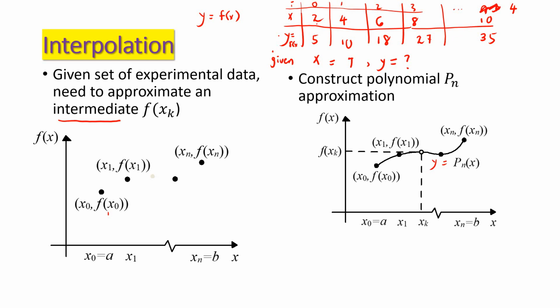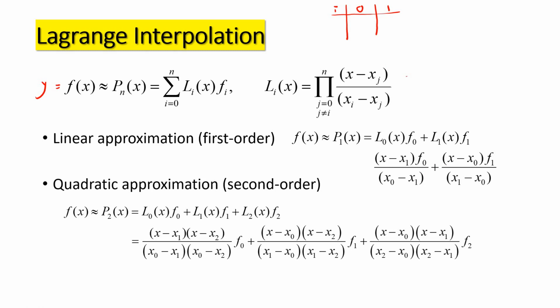But you cannot take 2, 4, 6 because 7 is outside of the list. So in this case you have two choices for quadratic approximation, either 4, 6, 8 or 6, 8, 10.